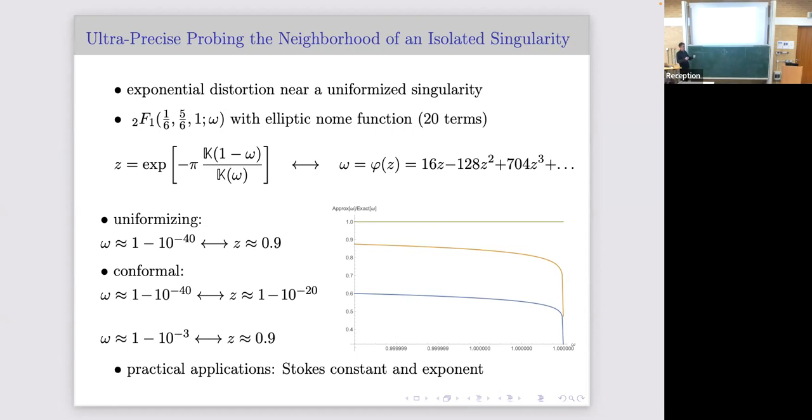So for example, imagine you wanted to work out the Stokes constant to high precision. That means you want to get as close to the singularity as possible. So you can get many, many digits of these Stokes constants. And suppose you want to refine your measure of the nature of this singularity, that meta parameter. You'd also be able to get very, very close and find much higher precision.